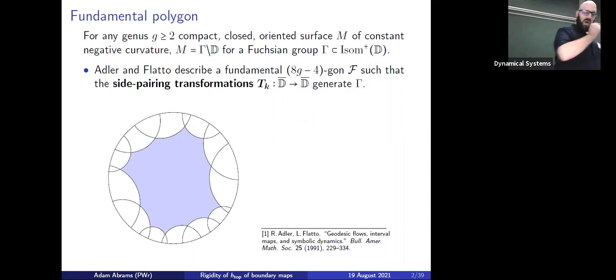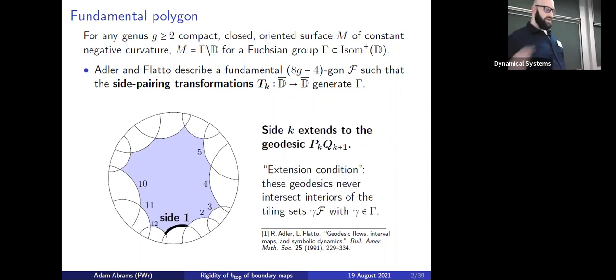Adler and Plateau, I'll talk about a few times in this talk. They describe this really nice 8g minus 4-sided polygon. The notation that I'm going to use throughout today is: capital T with a subscript k is going to be the map that pairs side k of a polygon with the other.